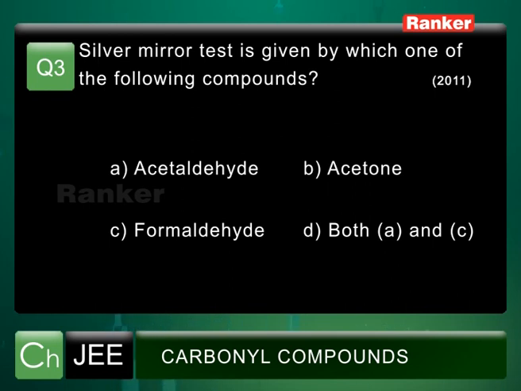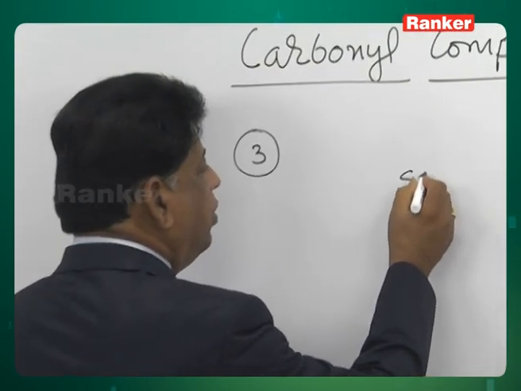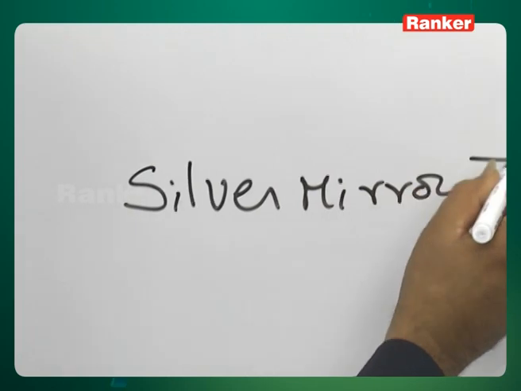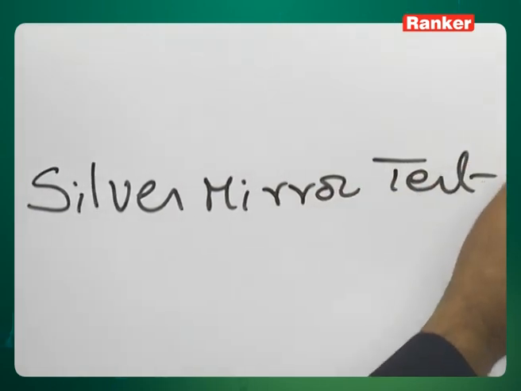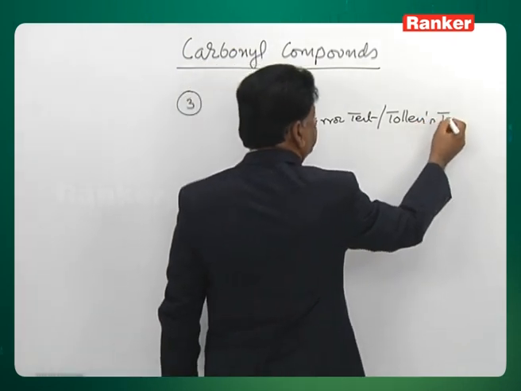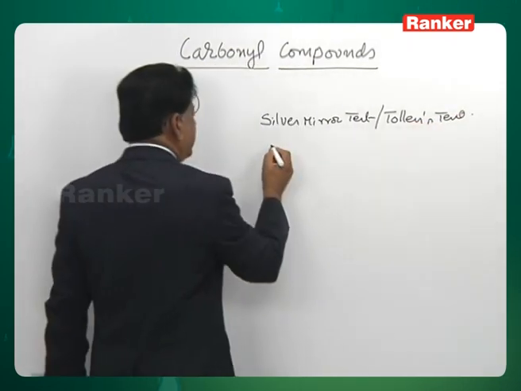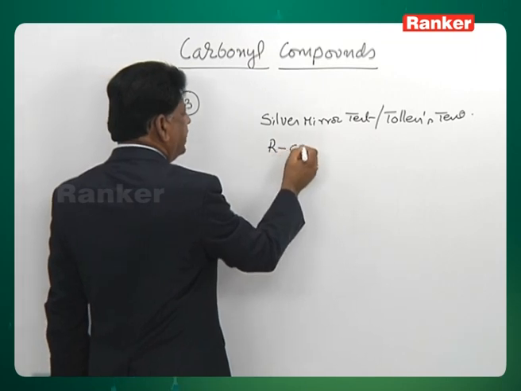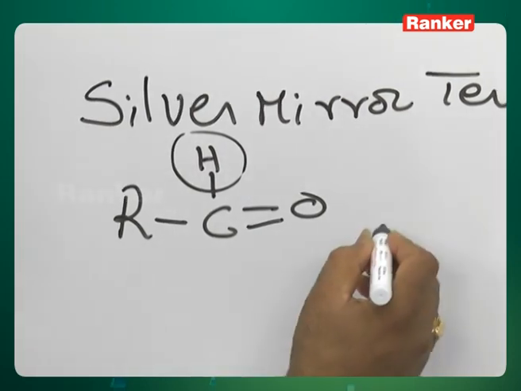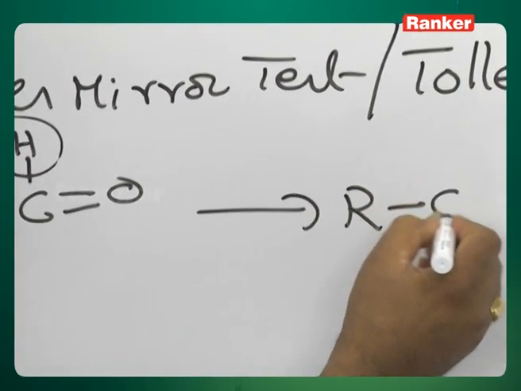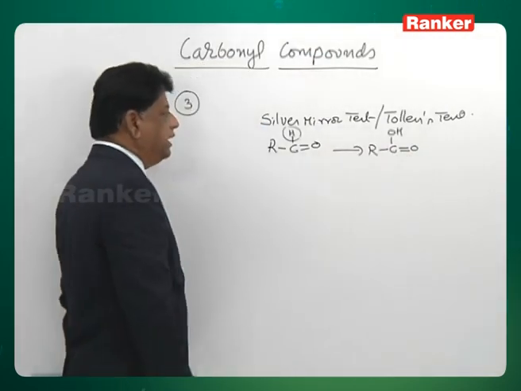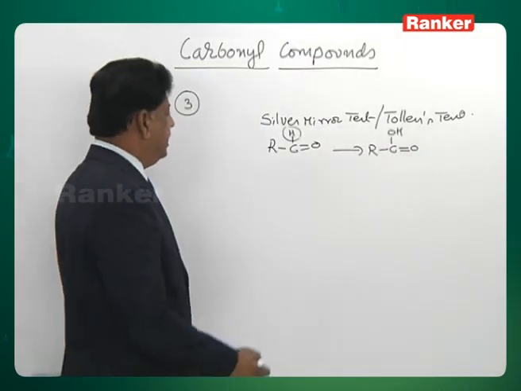So here the silver mirror test is also known as Tollens reagent test. In this test, any aldehyde which has this hydrogen undergoes oxidation to give the acid, but the reagent undergoes reduction.